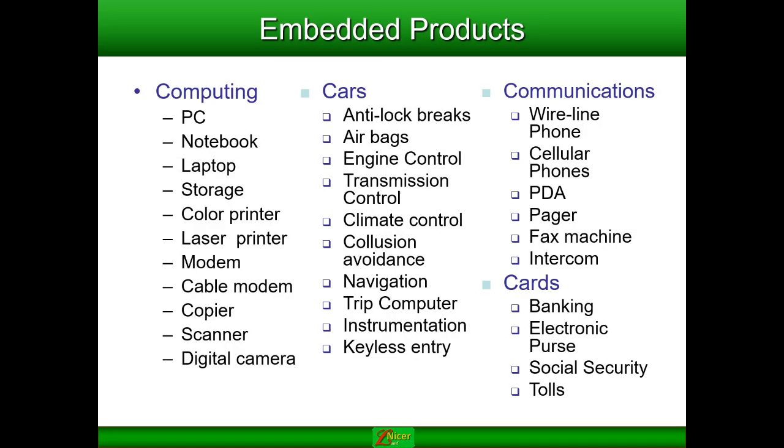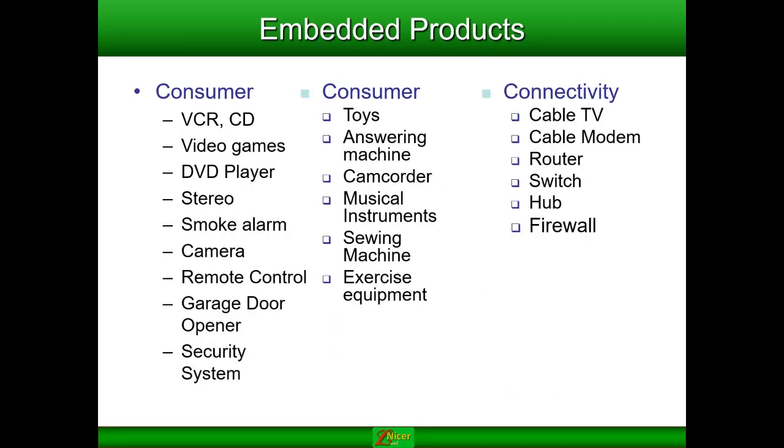In communication, we use wireline phone, cellular phones, PDAs, pagers, fax machines, and intercom. And in cards, we have our banking cards, which have chips in them, electronic purse, social security tools. These are some of the more embedded products.